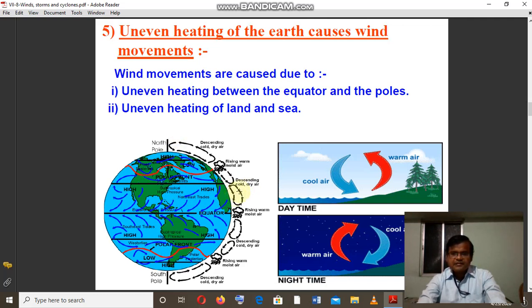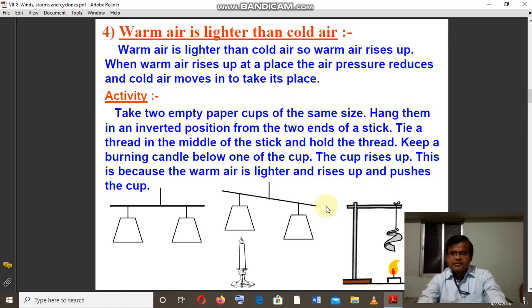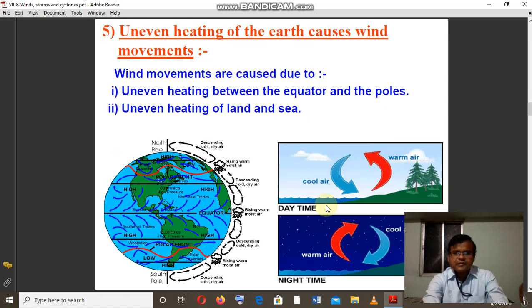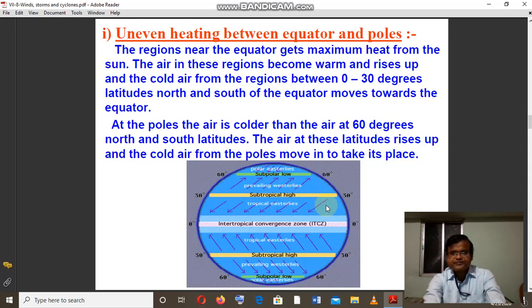During the daytime, the land becomes heated while the sea stays cooler, so the air moves from the sea to the land. This is called the sea breeze. During nighttime the reverse occurs.